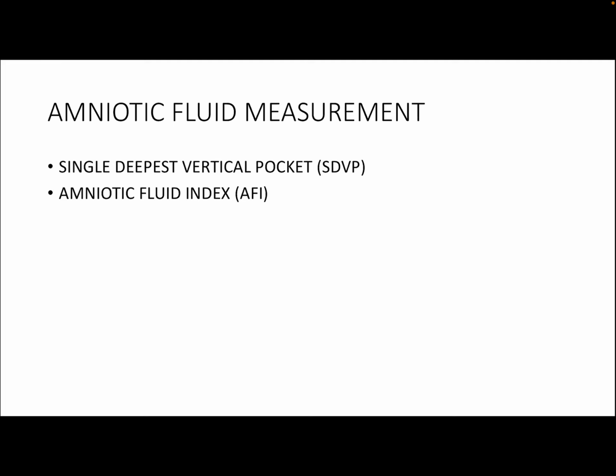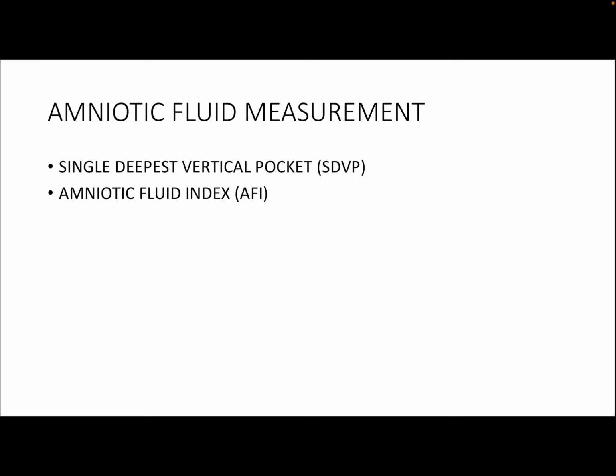Coming to amniotic fluid index, that is AFI. So what we do is we divide the uterus into 4 quadrants. So you can divide it into a right and left across the linea nigra and above and below the umbilical line. So that's linea nigra and umbilical line, and we divide it into 4 quadrants.